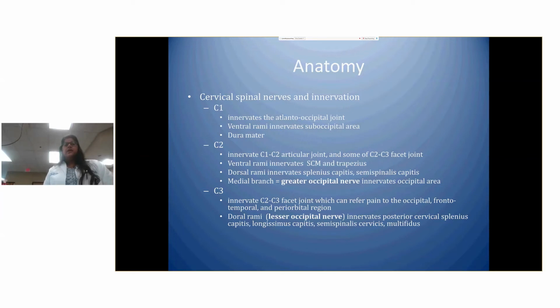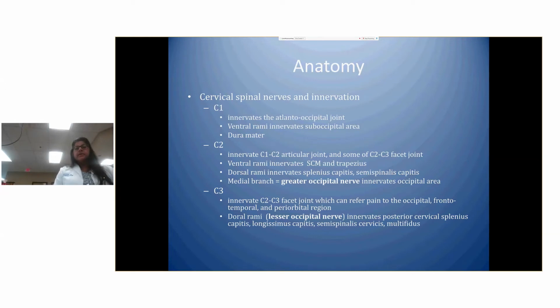C2, which gives off a branch that everybody knows about, the greater occipital nerve, innervates the occipital area, the articular joint or the facet joint at C1, C2, as well as part of C2, C3. It also provides sensation to the sternocleidomastoid, trapezius, splenius capitis, and semispinalis capitis.